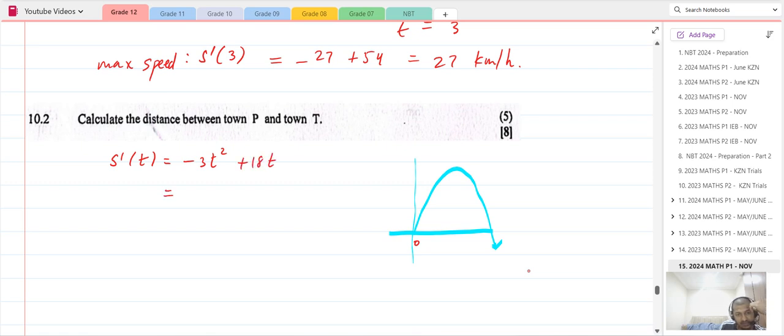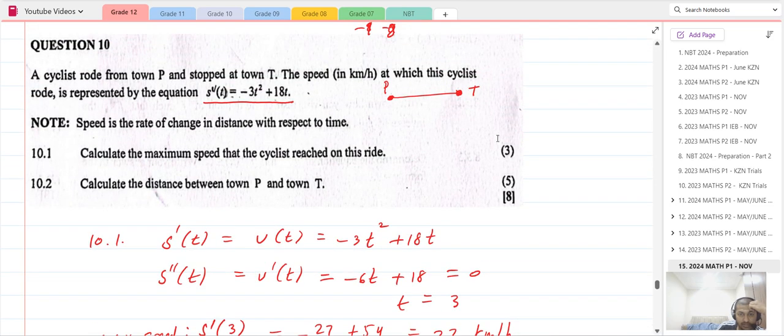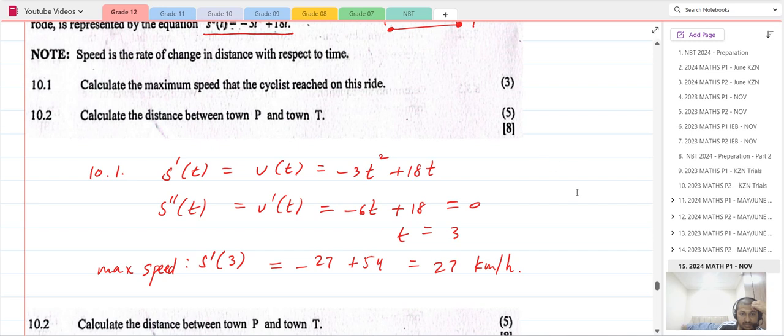When you take out minus 3t as a common factor, we have t minus 6, so the roots are 0 and 6. And the maximum speed is here at 3. So you started here at P and stopped at T. From P to T. Calculate the distance between town P and town T.